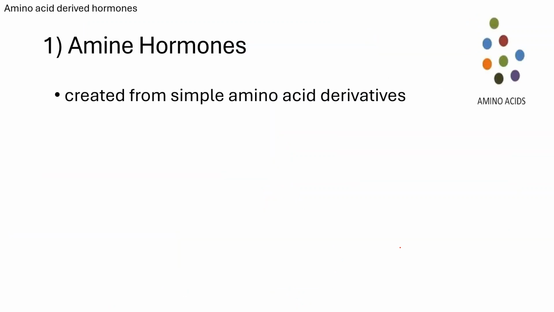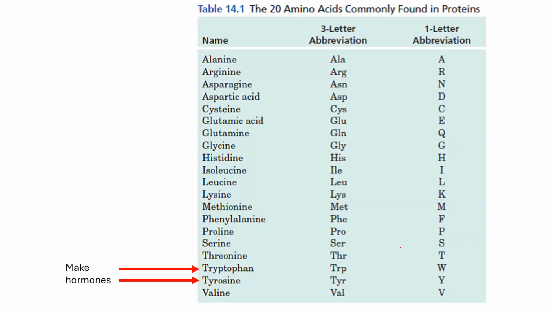Now, amine hormones are created from simple amino acids. You've got 20 amino acids, and they're the building blocks for all the proteins that you've got, kind of like the letters of the alphabet are the building blocks for all the words in our dictionary. Same thing: we've got our 20 amino acids, and they will build any protein that you need.